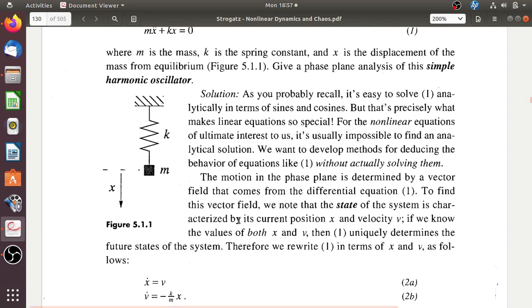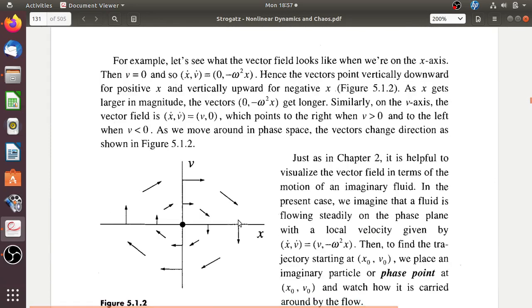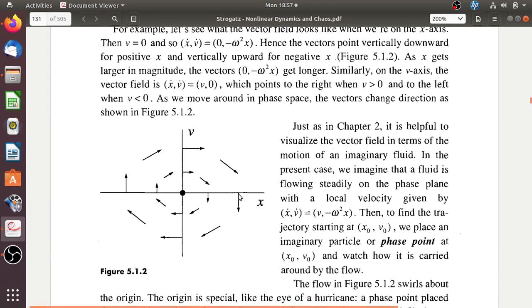Okay, so that's what this particular point represents. Let's see what this particular point represents. Here it means it has some v value, the positive v, but 0 x. What does that mean?